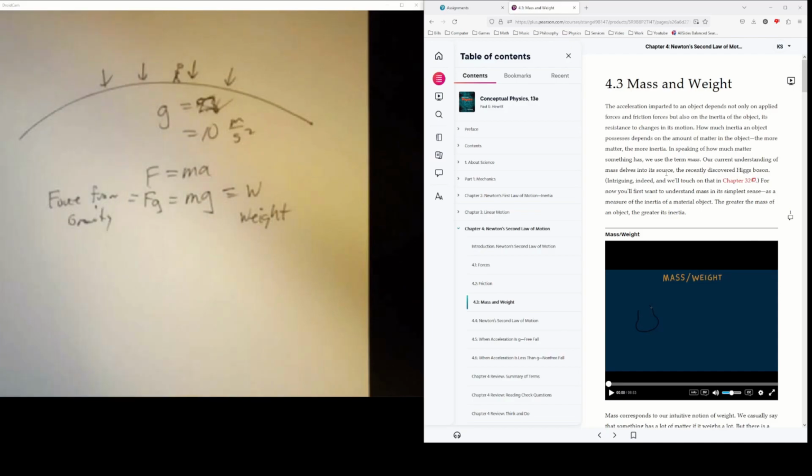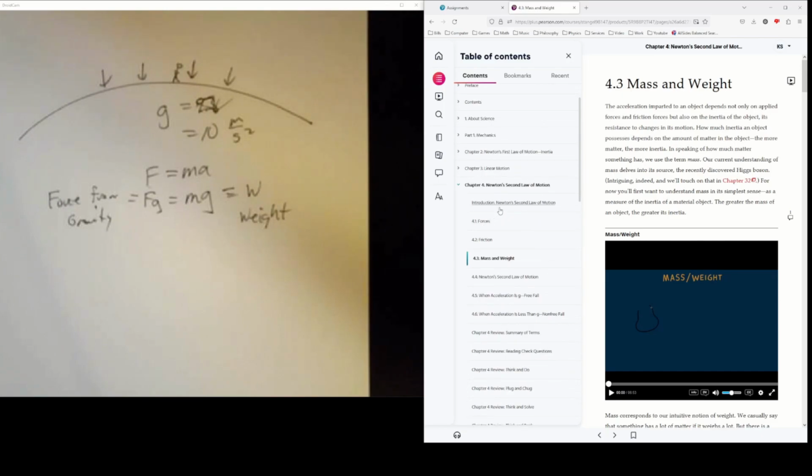I might say technically it's better to say force from gravity, but weight is what we normally say in just walking around in everyday life. I guess if you walk up to somebody, you probably don't say, "Hey, what's your force of gravity?" You probably don't go up to people and say, "What's your weight?" either, but same idea.